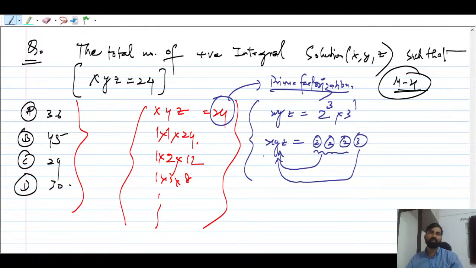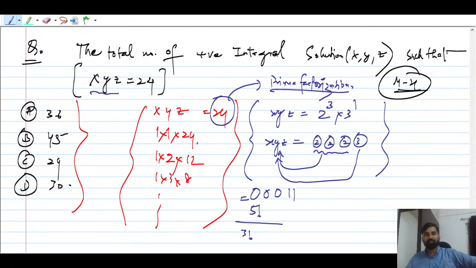You can use this shortcut when there is a product of xyz. How many ways are there? There are 3 coins and 2 sticks. Why 2 sticks? Because there are 3 beggars. So 5 factorial by 3 factorial and 2 factorial, into: there is only 1 coin and 3 beggars, so 3 factorial by 2 factorial.